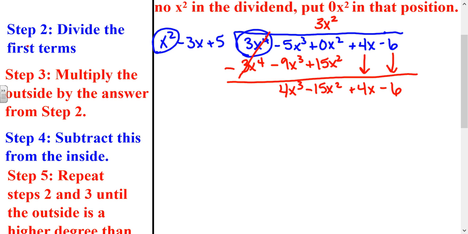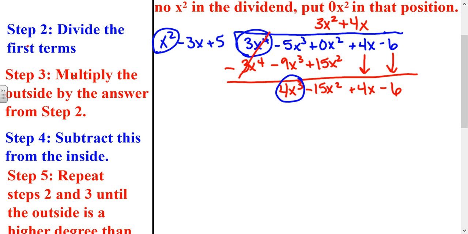So now I'm going to divide my first terms again. So I'm going to take 4x cubed divided by x squared. So you always start with dividing the first terms. Okay, so then 4x cubed divided by x squared would be 4x. So I'm going to write plus 4x on the top in my answer section.